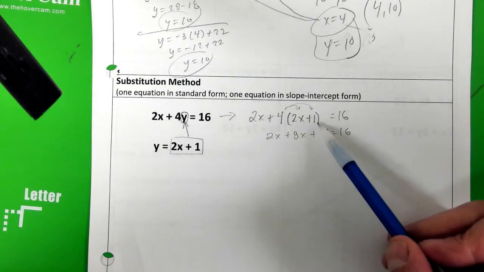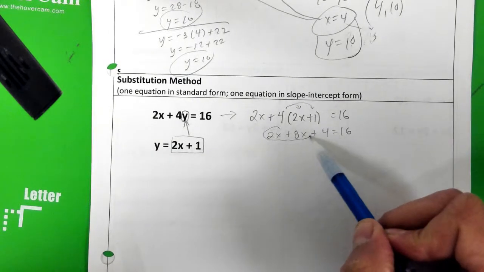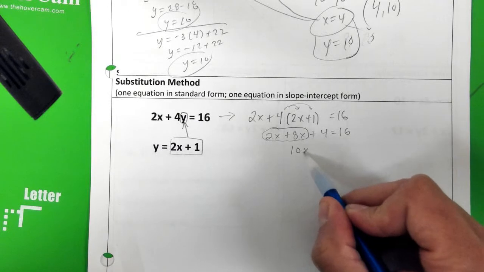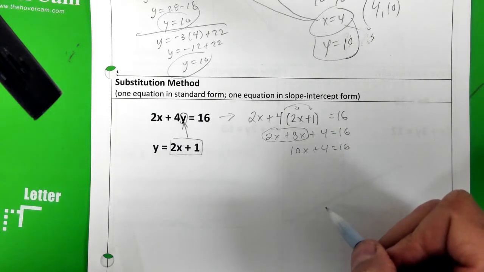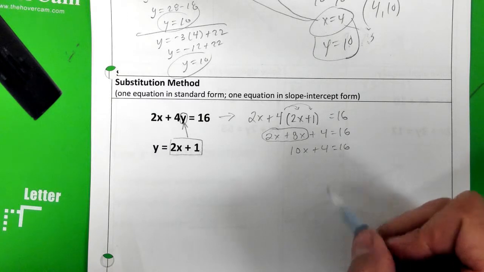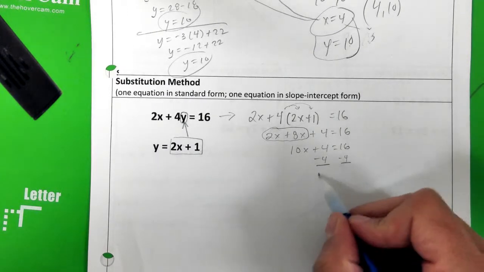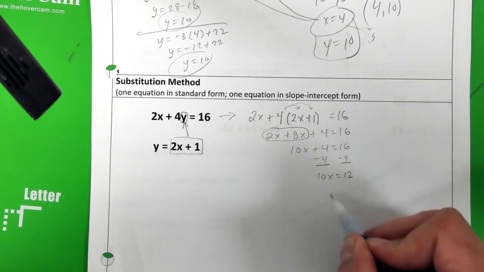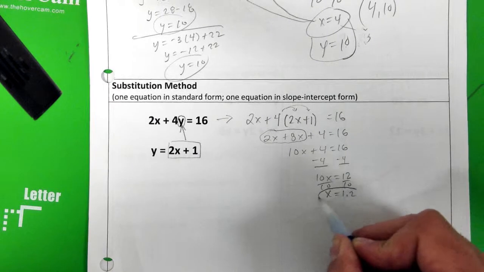So we'll be using a distributive property here first, and then we may need some balance moves. We actually have some terms we can combine here on the left side. And find that x is equal to 1.2.